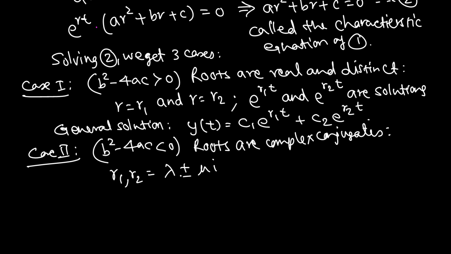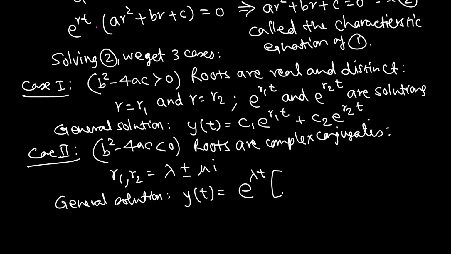Complex roots always come in pairs. So in this case, the general solution is y equals e raised to lambda t, which we can factor out, times c1 cosine mu t plus c2 sine mu t. This will be the case.